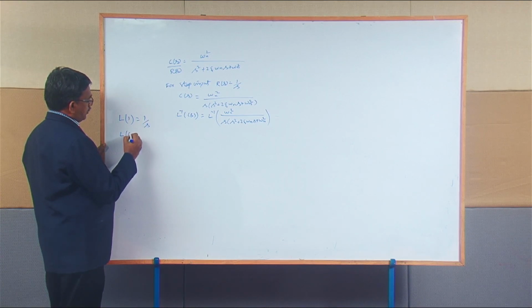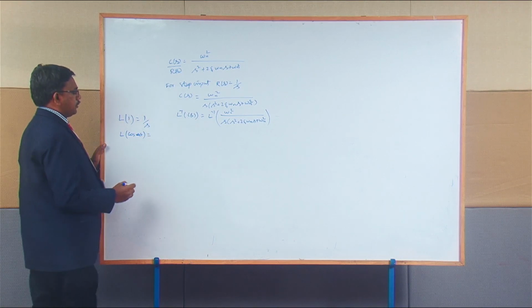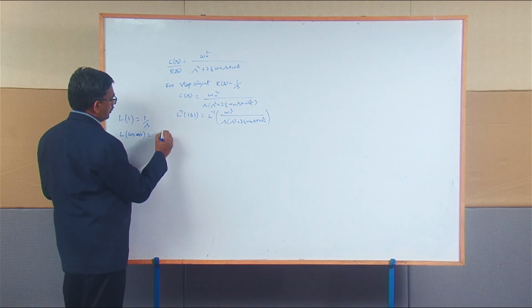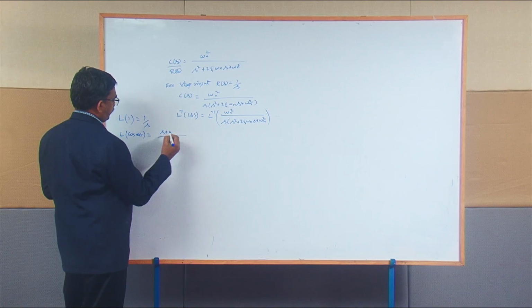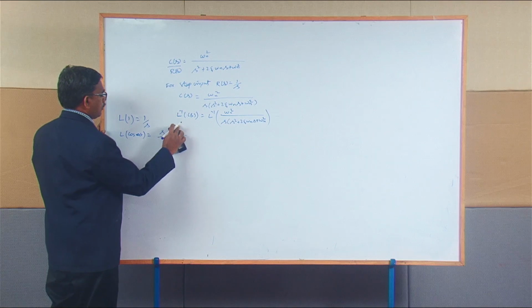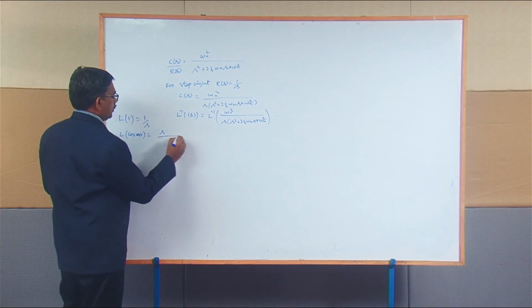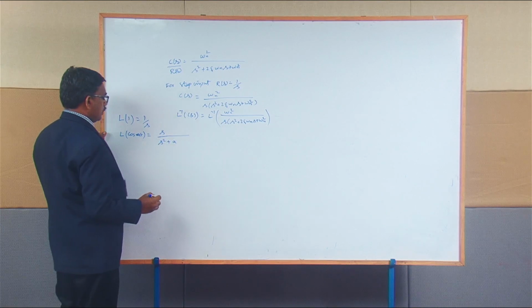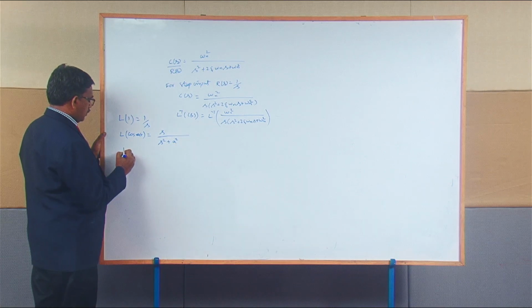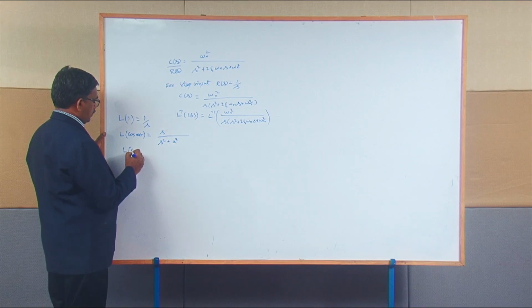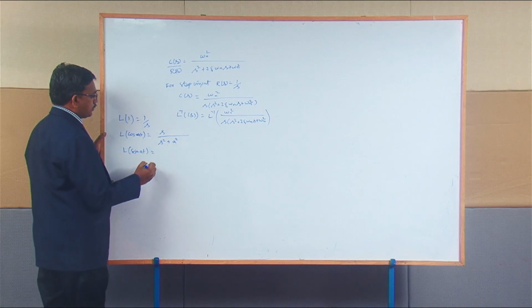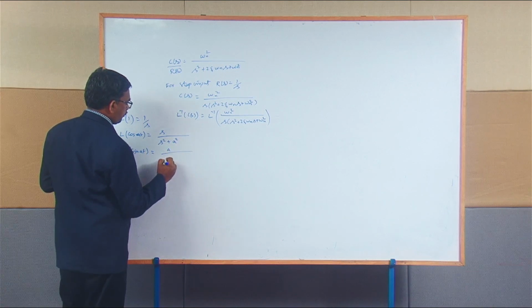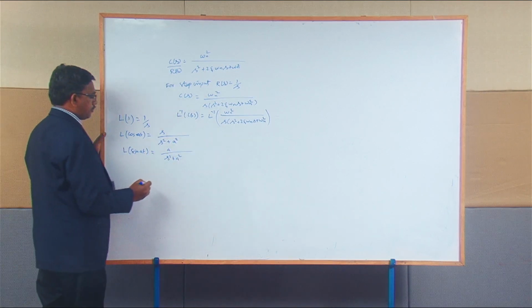Laplace transform of cos a t is equal to s divided by s square plus a square. L of sin a t is equal to a by s square plus a square.